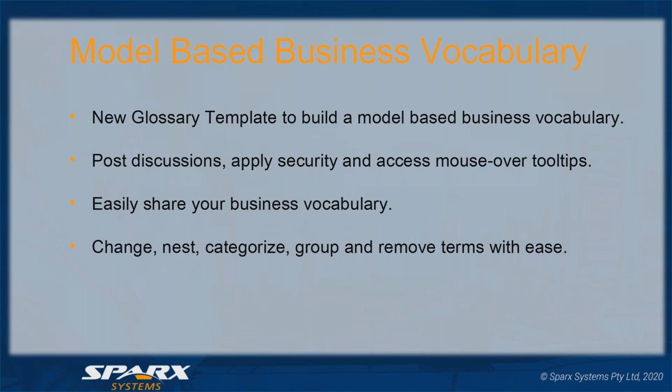And what's great is that you can model those different meanings. So when you put your mouse over, you get a tooltip that says what those different meanings are. You can create relationships and structures between your different business terms.